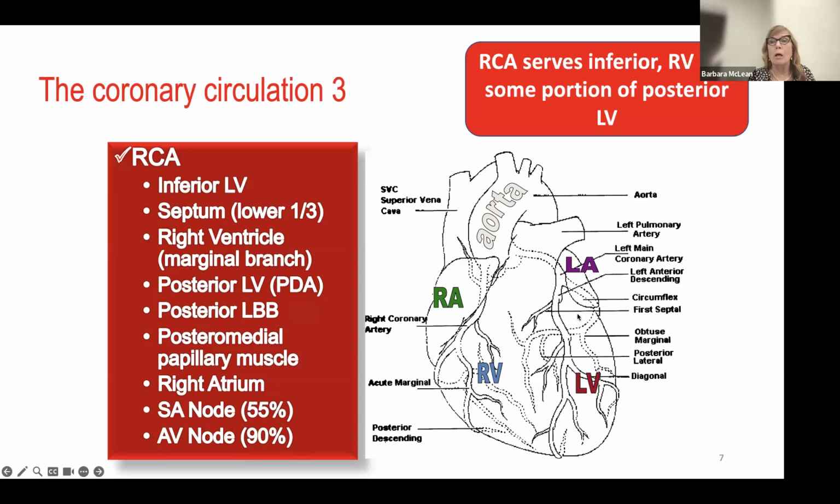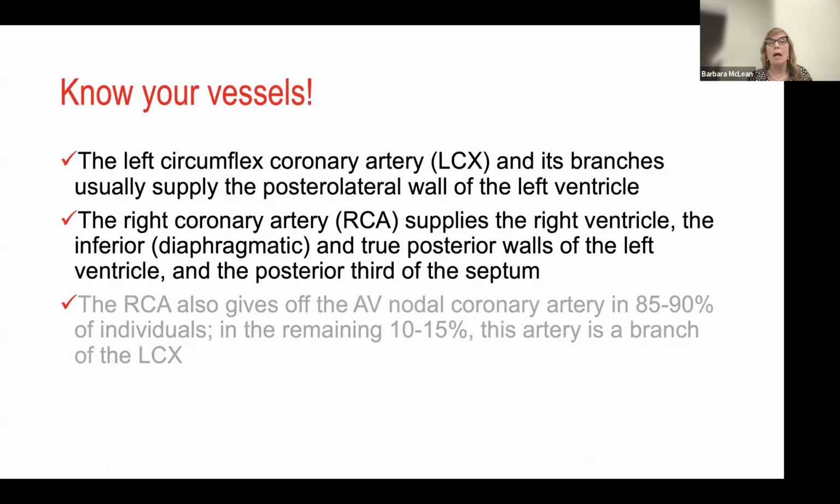This is really important when we're evaluating patients and we're thinking about what it is we're seeing on EKG and what we ought to be thinking about. So just want to remind you, left circumflex and its branches usually supply the posterior lateral wall of the left ventricle. The right coronary artery supplies the right ventricle, inferior, and the true posterior walls of the left ventricle and the posterior third of the septum, which means when I see high lateral changes or low lateral changes, I'm always going to look at the posterior surface.